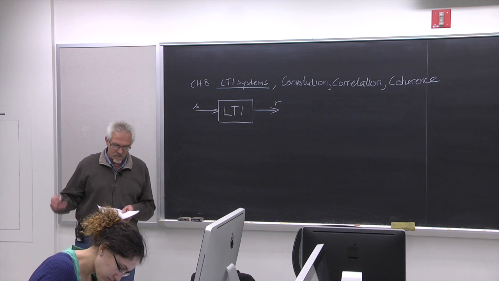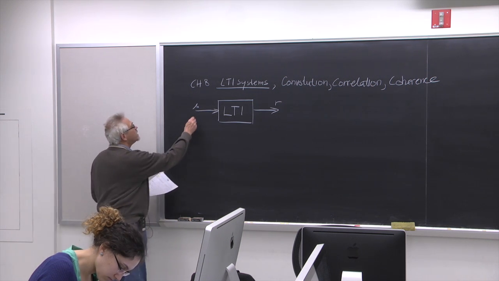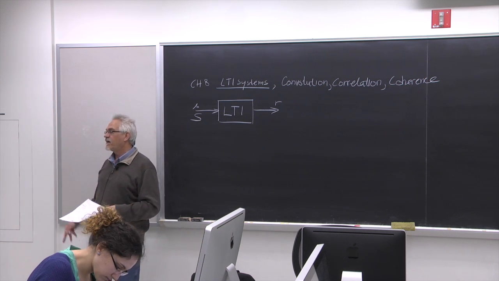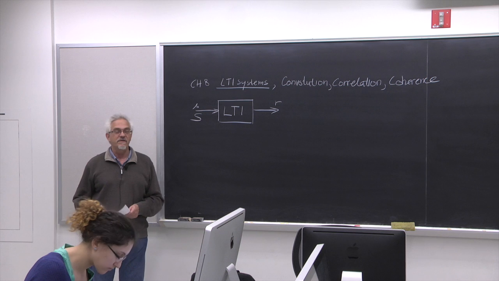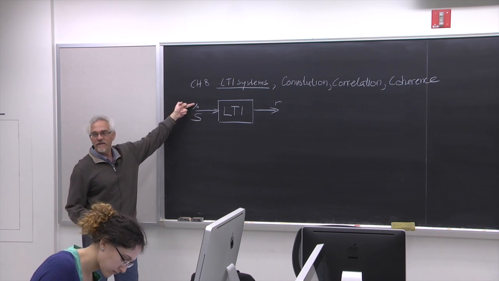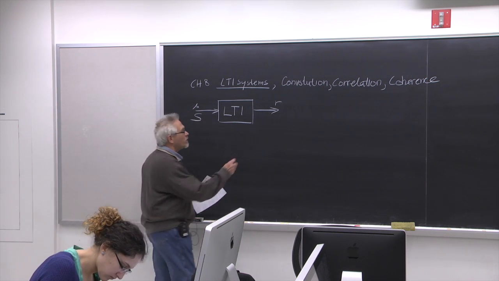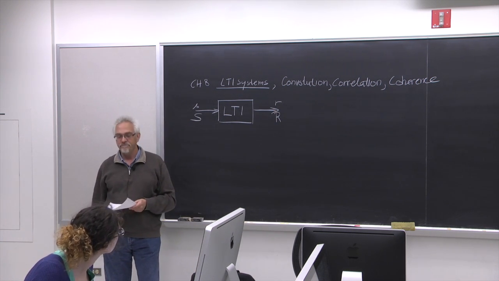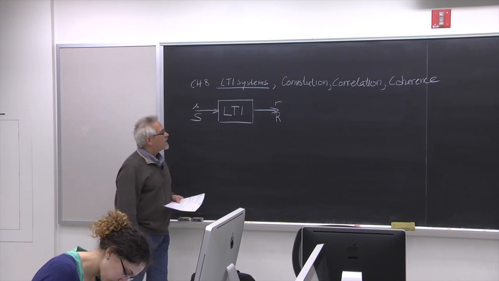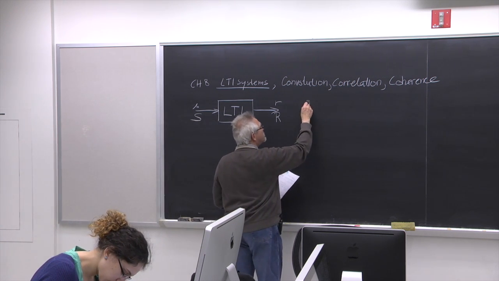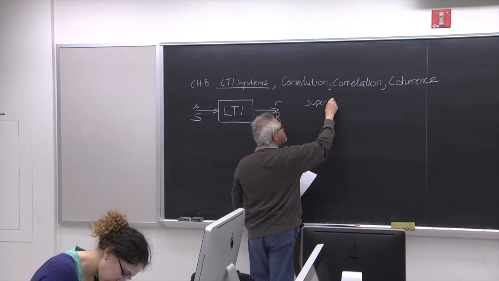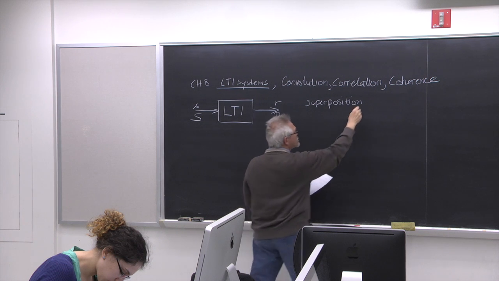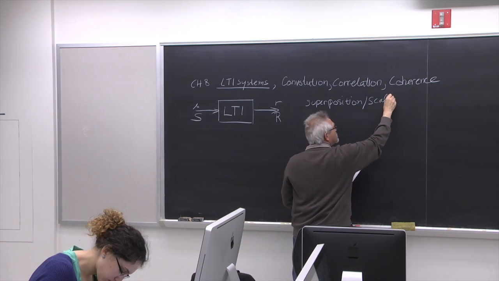The interesting thing about an LTI system is that when you have, let's say, a stimulus that is capital S, a multiple of the little s, then the response will also be a multiple of the little r. These are features that we call superposition or scaling.